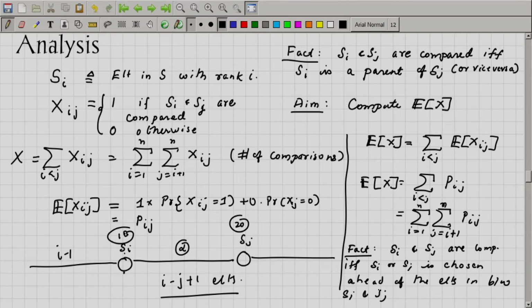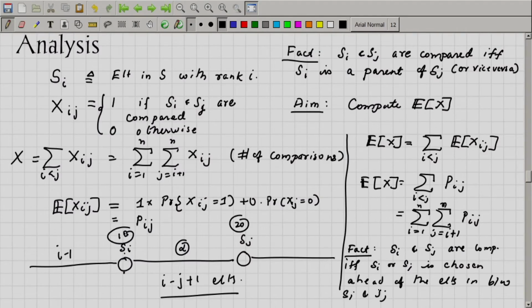Okay. So, we can imagine the entire algorithm in the following way. We choose a random permutation of 1 to n that tells us the elements that we are going to pick as pivots in each stage of the algorithm. Amongst these permutations, we need to find out the number of permutations in which Si or Sj appears before an element in between Si and Sj.